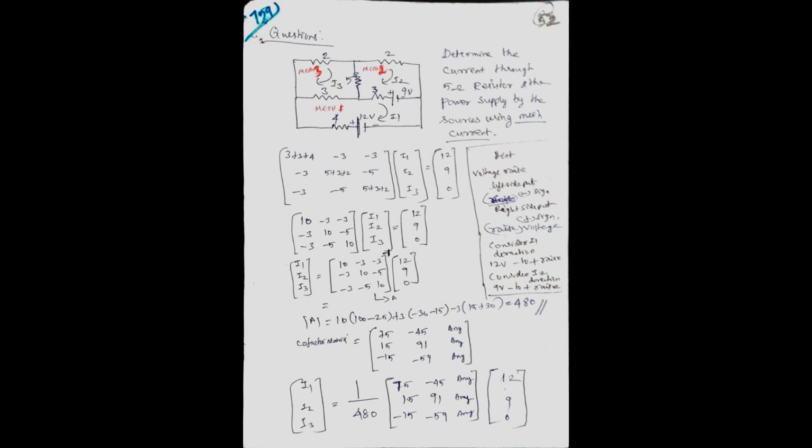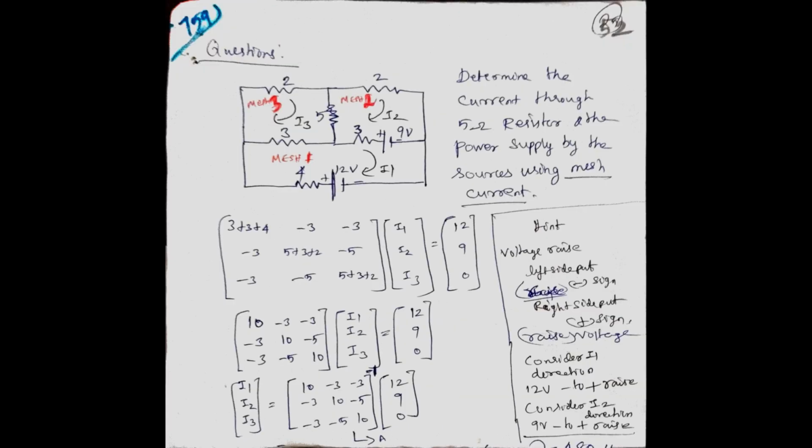The current through the 5 ohm resistance is dependent upon I2 and I3, so I5 ohm is I2 minus I3.